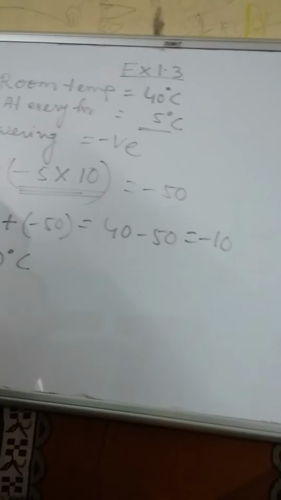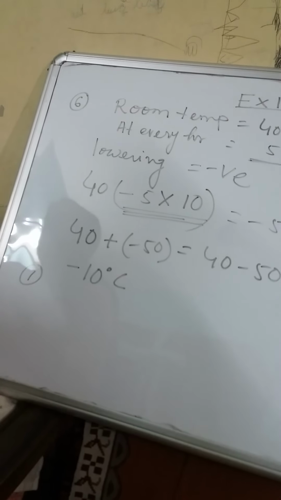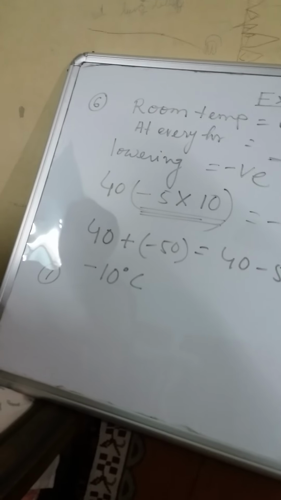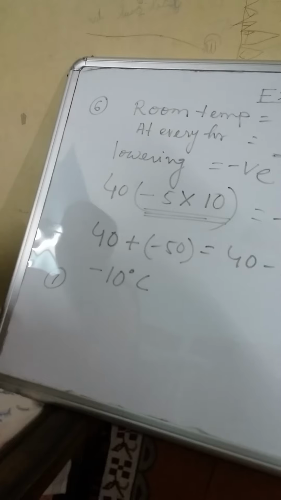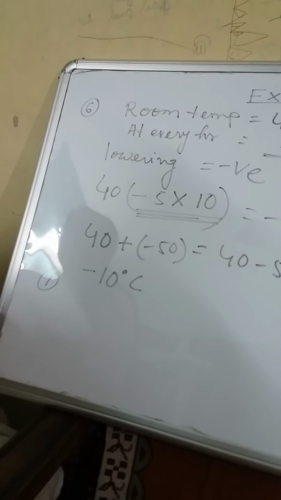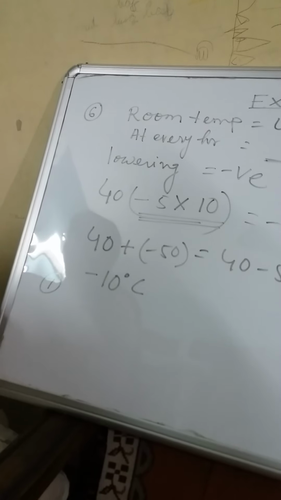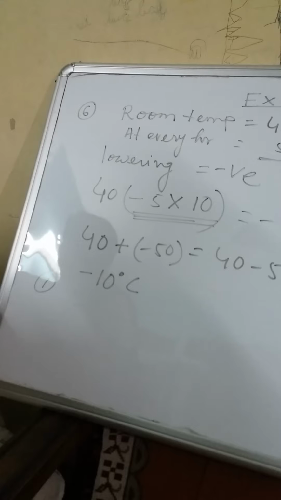Next is question number 7. In a class test containing 10 questions, 5 marks are awarded for every correct answer and -2 marks are awarded for every incorrect answer, and 0 for questions not attempted.